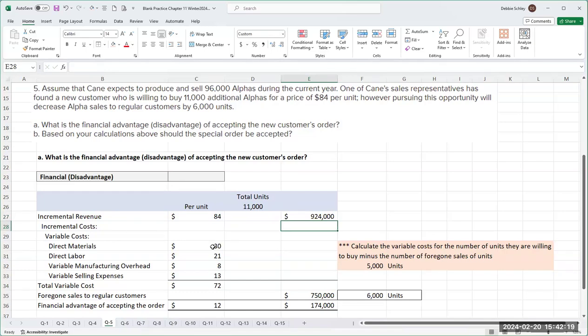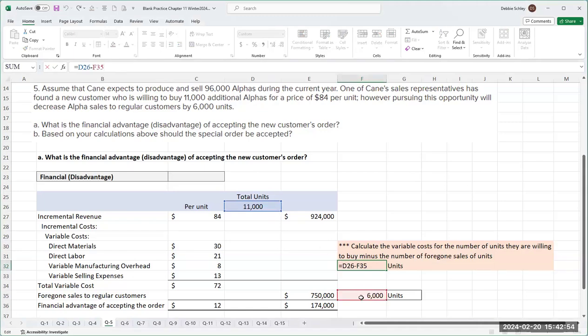Now we're going to figure out these costs a little bit differently because we're going to let the costs balance each other out between the ones we sell and the ones we didn't sell when we're talking about costs. So right now I've just got the revenues over here, but now I'm going to figure out the cost. And so I'm going to multiply this by 5,000 units because that is the difference of 11,000 minus the 6,000.